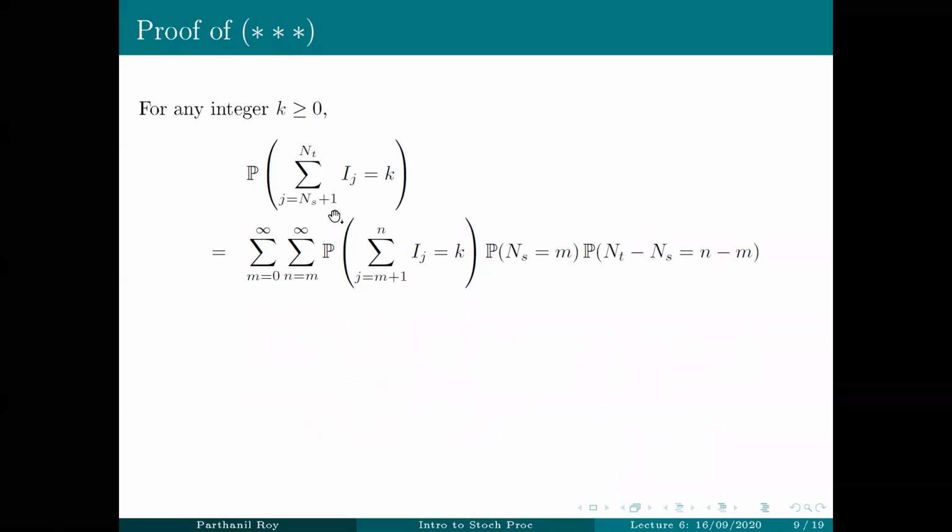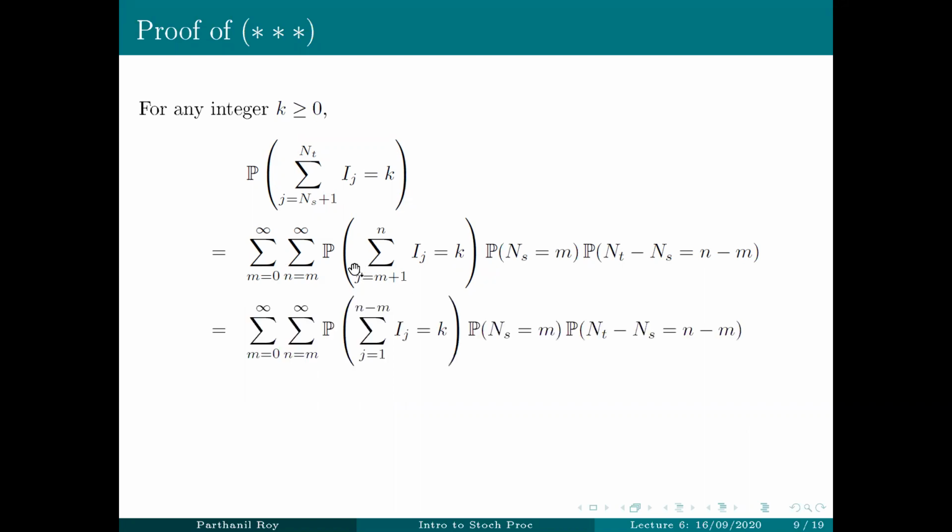So what we have got is that the left-hand side of star, star can be expressed like this. Now what we do next is we observe that these I_ij's are IID Bernoulli(p).